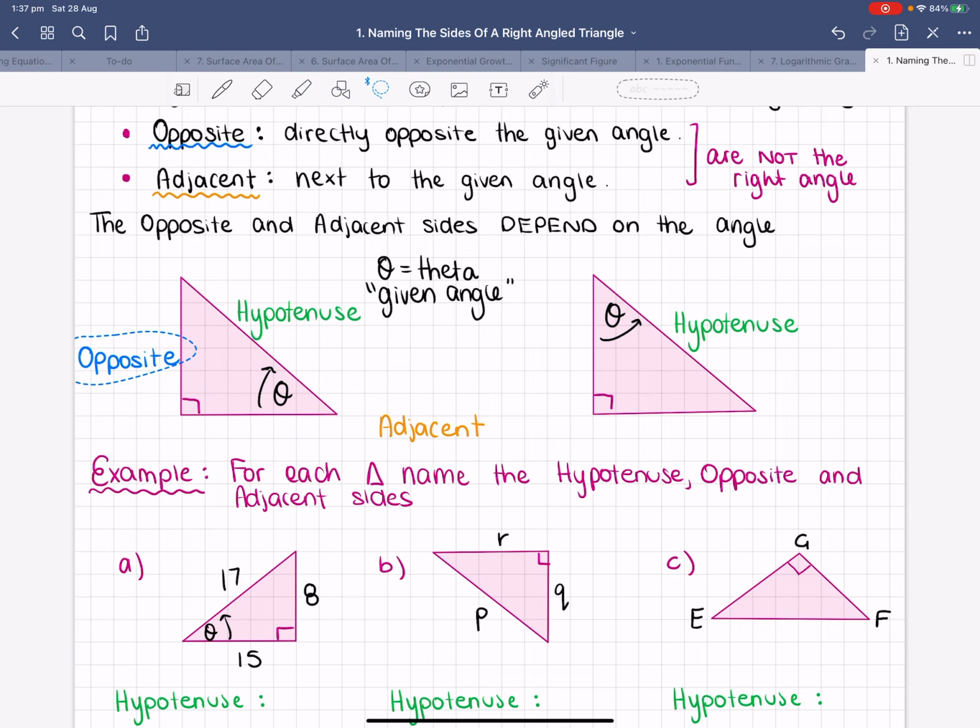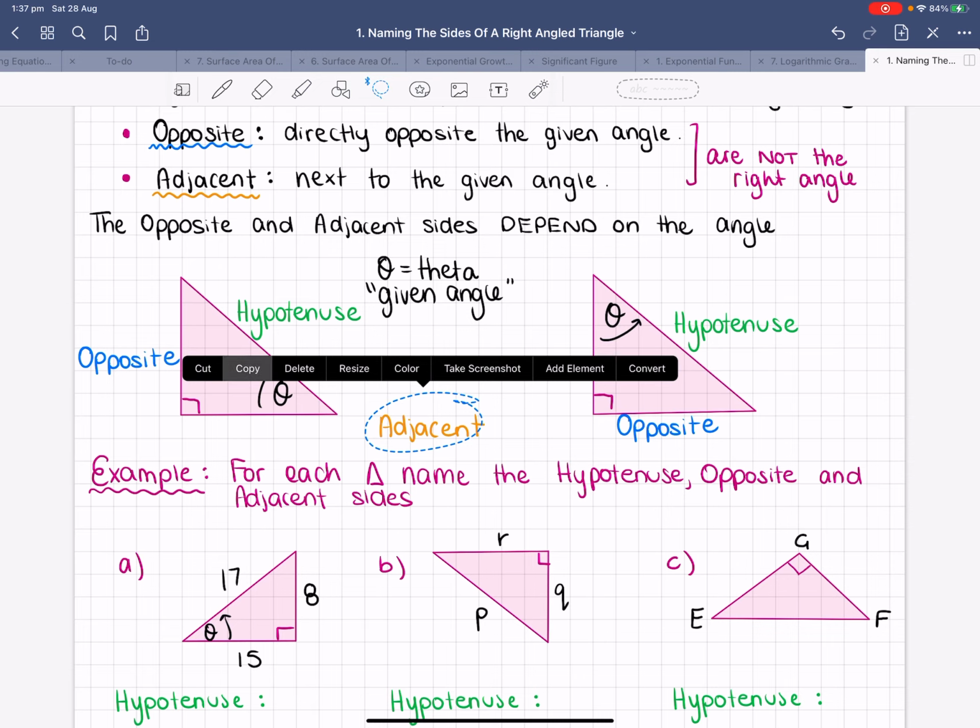It's the one directly opposite the given angle. So then for this other triangle over here, the opposite side is going to be opposite the angle, right? So opposite, opposite. So that's why they're different depending on the angle itself. Then adjacent is obviously just the leftover side, right? And adjacent just means next to.